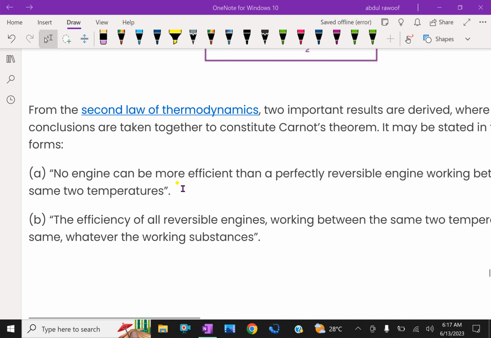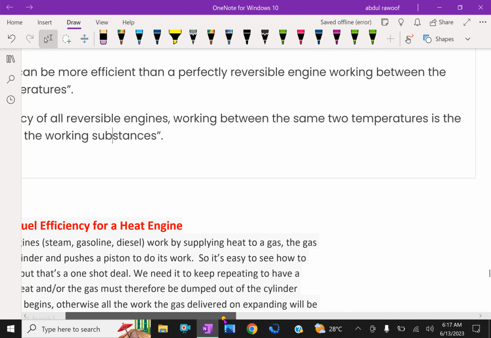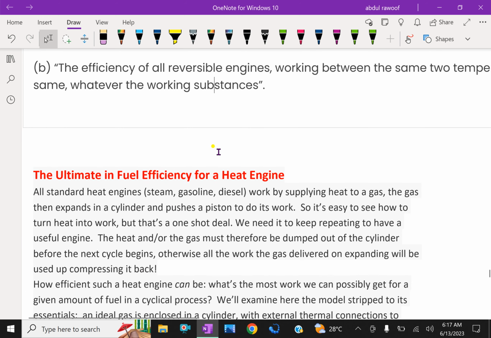From here we can say Carnot efficiency is the highest efficiency. Second, the efficiency of all reversible engines working between the same two temperatures is the same, whatever the working substances.